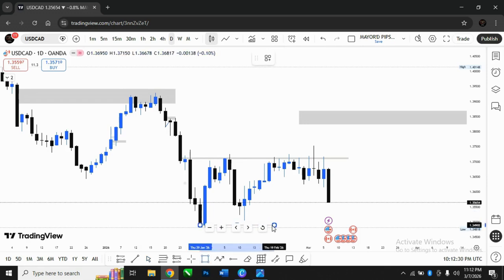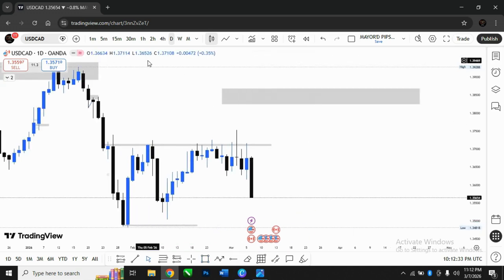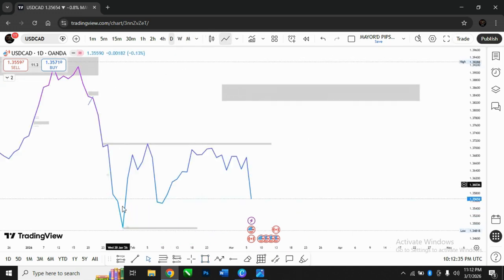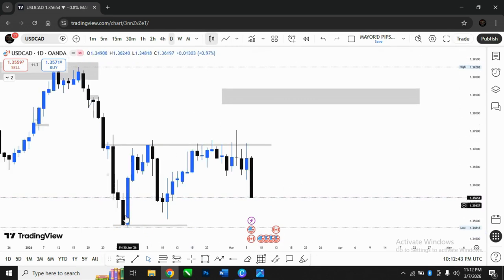This is a support. Now, notice how the market traded into this resistance area and bounced back to the downside.